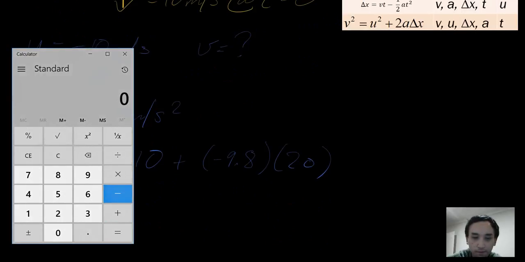We get negative 10 plus 20 times negative 9.8.